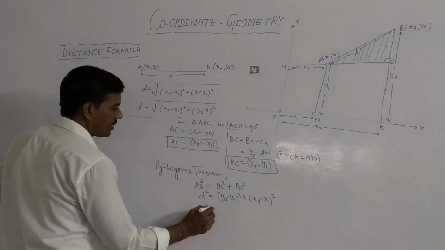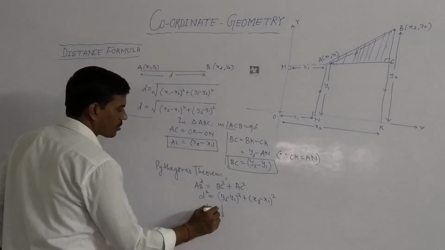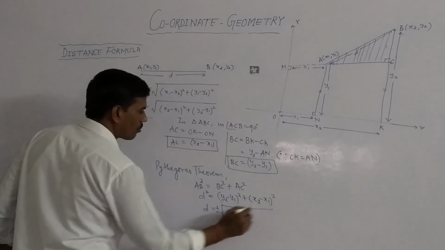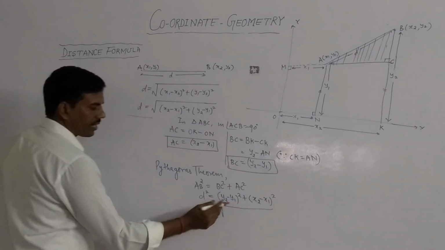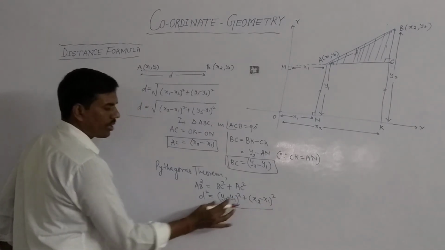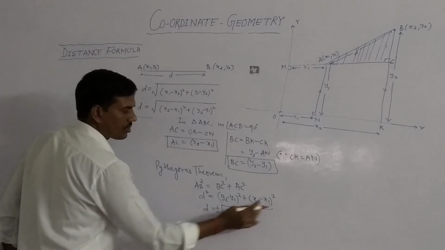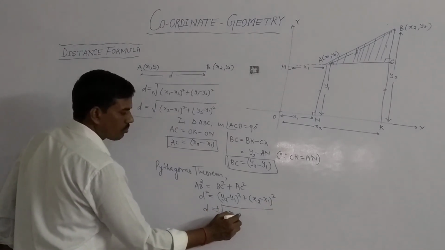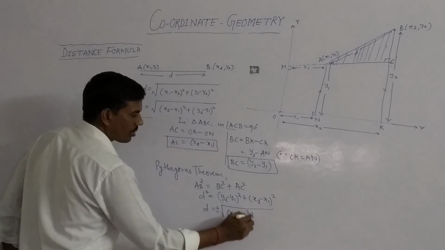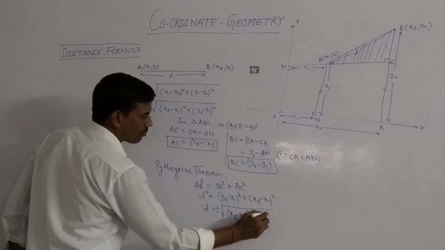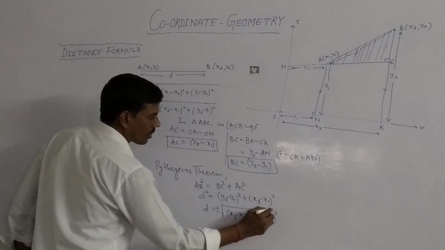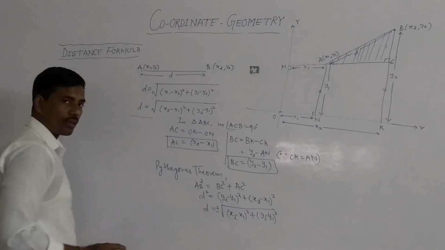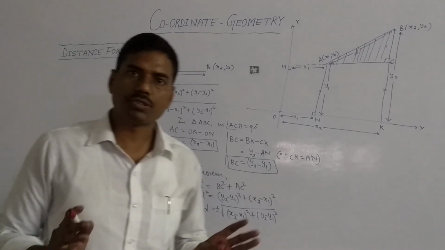So in this way D is equal to plus minus under root of X2 minus X1 to the whole square plus Y2 minus Y1 to the whole square. But we know that distance is always positive.